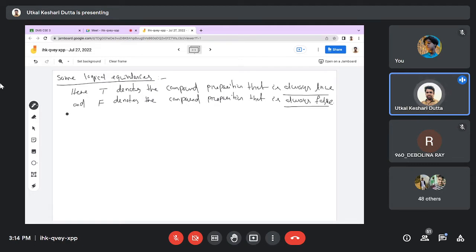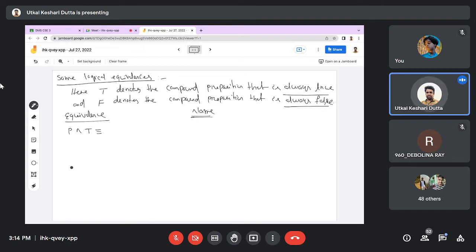Then we will see some standard equivalences, with the names of these laws on the right-hand side. Take any proposition P conjunction with any tautology. This will be equivalent to what? Any idea? P is any proposition that may be true or false.